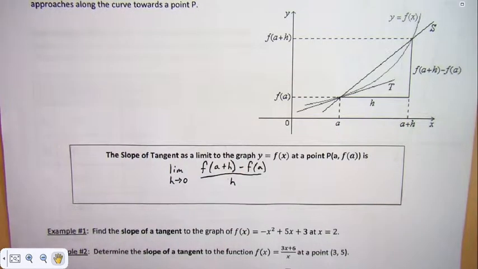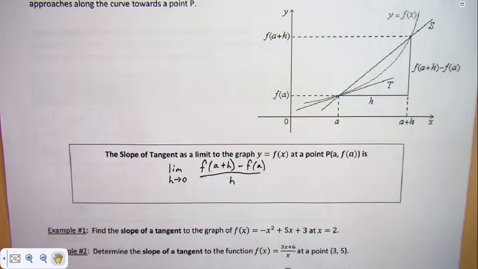And that's always going to be the slope of your tangent. You'll notice that this looks very familiar to the instantaneous rate of change you did last semester, but we're introducing this limit system so that we don't have to do those tables of values.